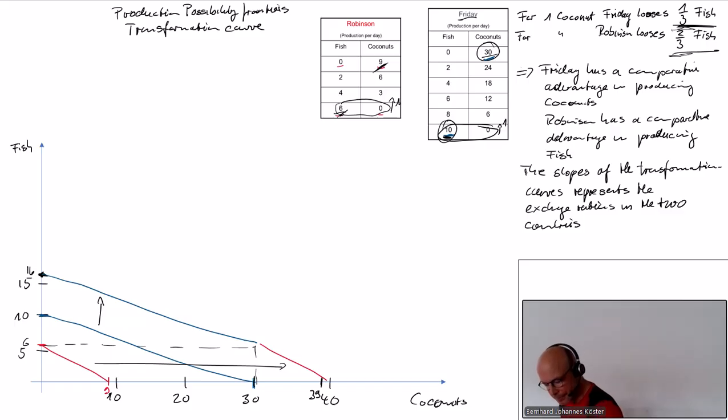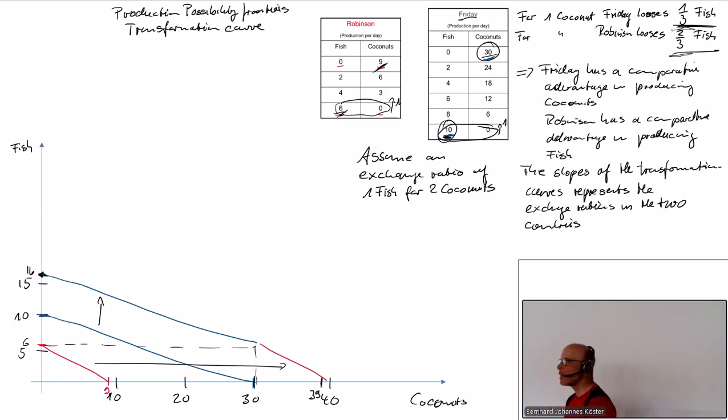So assume an exchange ratio of one fish for 2 coconuts.